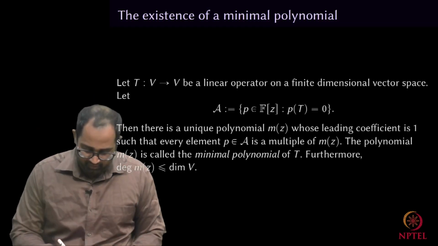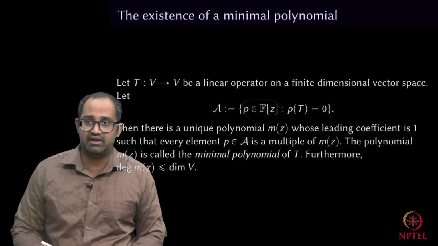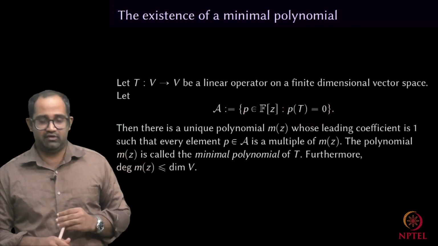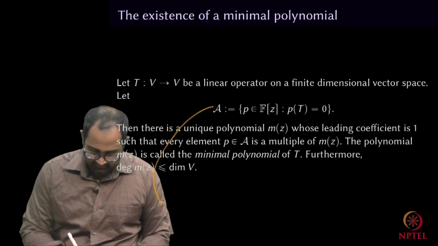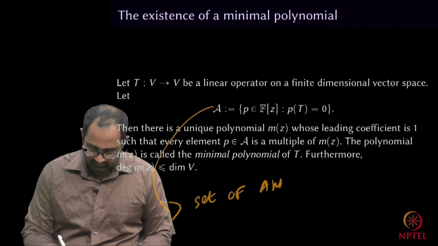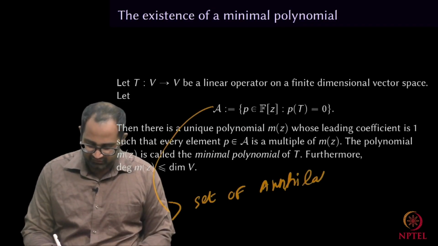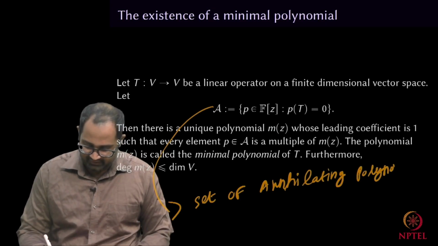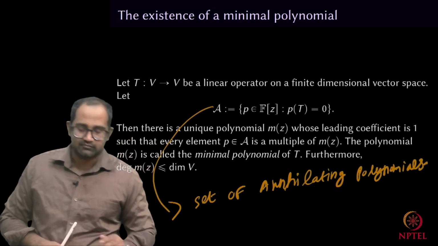That is, all the polynomials over the base field in one variable that destroy T, that is p(T) equals 0. So A is the set of annihilating polynomials. It's so much fun to say the word annihilate.